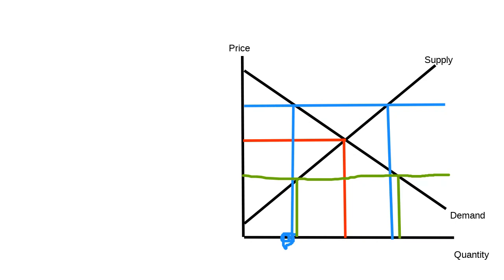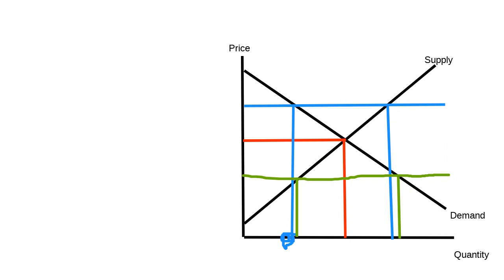Well, in this scenario, we have more quantity demanded than we have quantity supplied. So in this case, before trade, we would have called this a shortage. However, because we're open for trade, that shortage can be filled with imports.